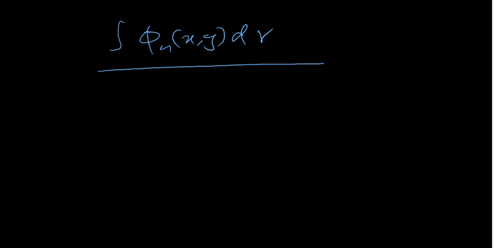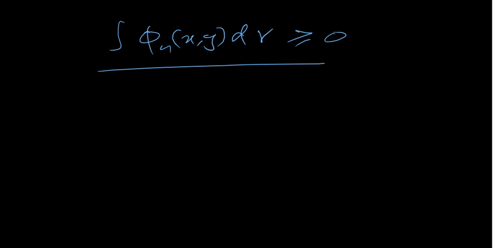So this integral of phi n of x y d nu is a function of x, and they are all non-negative functions, therefore they are upper functions, because every non-negative integrable function is an upper function.